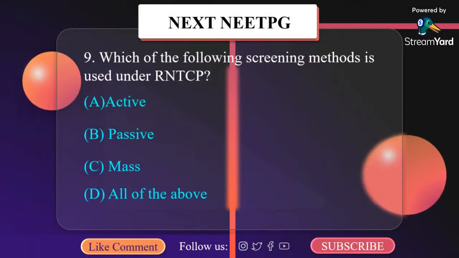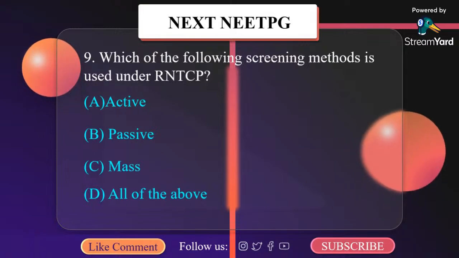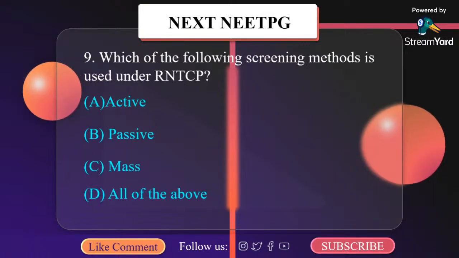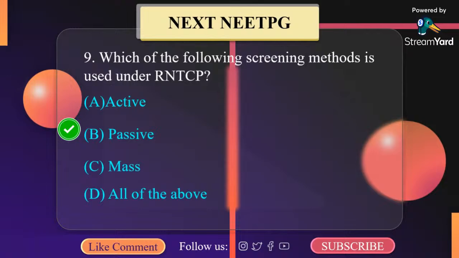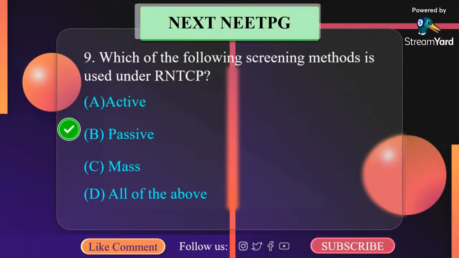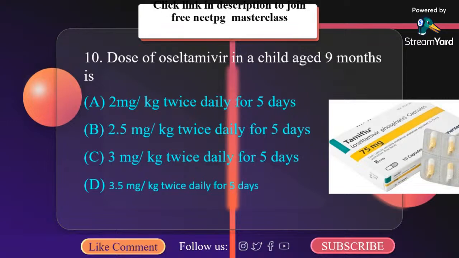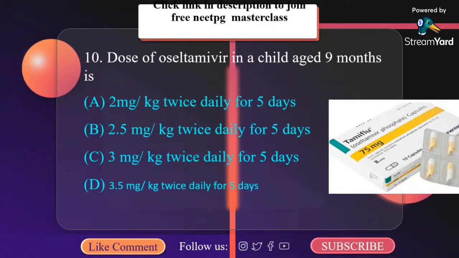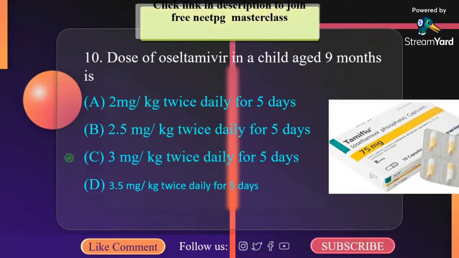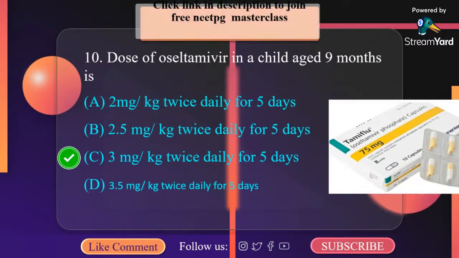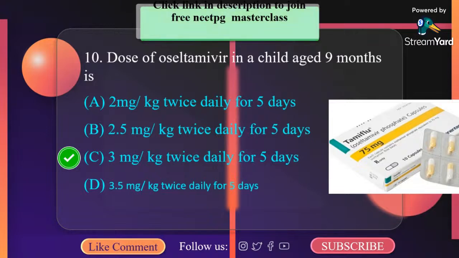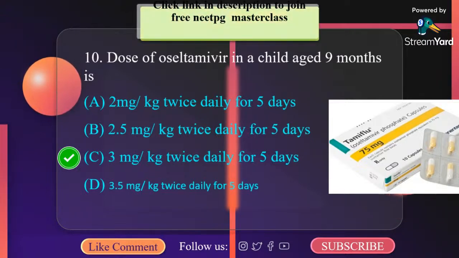A. Active screening, B. Passive, C. Mass, D. All of the above. The correct option here is passive. Dose of oseltamivir in a child aged 9 months, oseltamivir is given in swine flu, is 3 milligram per kg twice daily for 5 days.